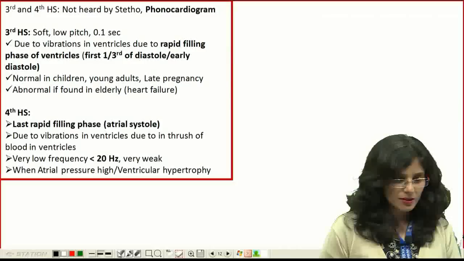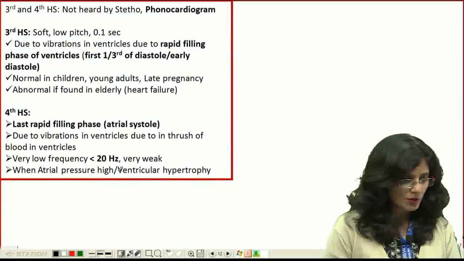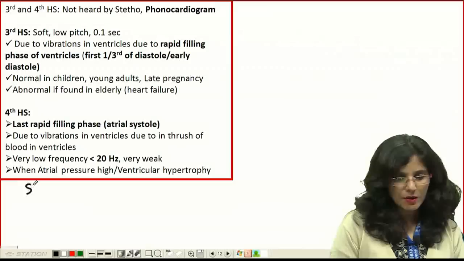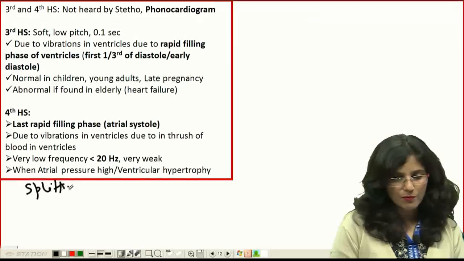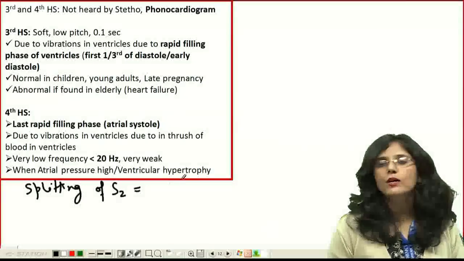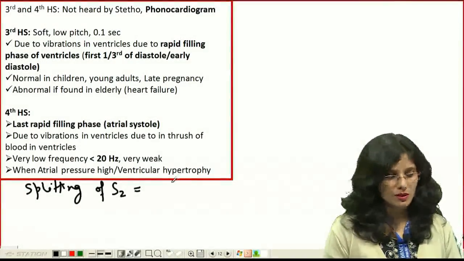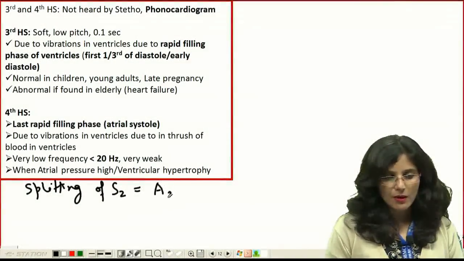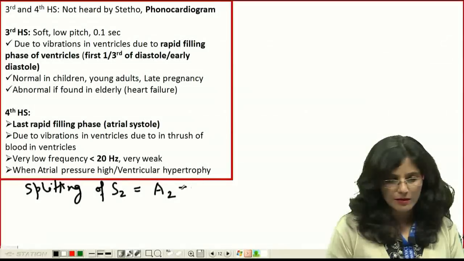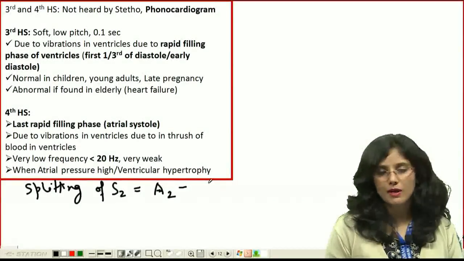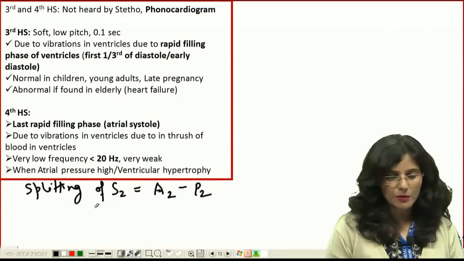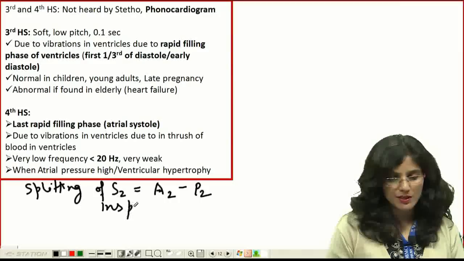One more point to discuss, because in the options there was the splitting of the S2. The splitting of S2 is a normal physiological finding, where the aortic valve closure comes earlier as compared to the pulmonary during inspiration.